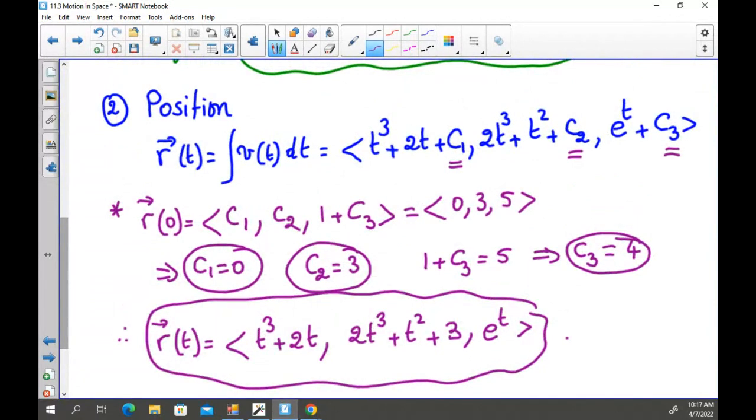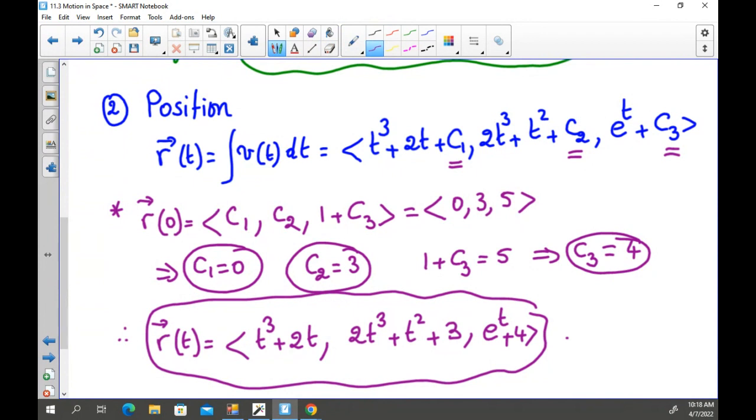Plus 4, sorry. Yes, I need to add plus 4. Are we okay with this? All right. So that's basically R of t, and that's it. That is the section.